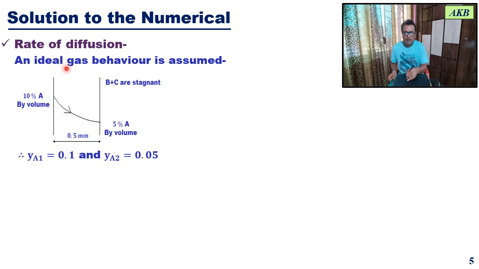If you are assuming ideal gas behavior, percentage volume is equal to percentage mole, and percentage mole will be converted into mole fraction by dividing by 100. So 10 by 100 is 0.1. So YA1 is the mole fraction of A on the high concentration plane. Let this plane be identified by 1 and this plane be identified by 2. So at the high concentration plane, mole fraction is 0.1.